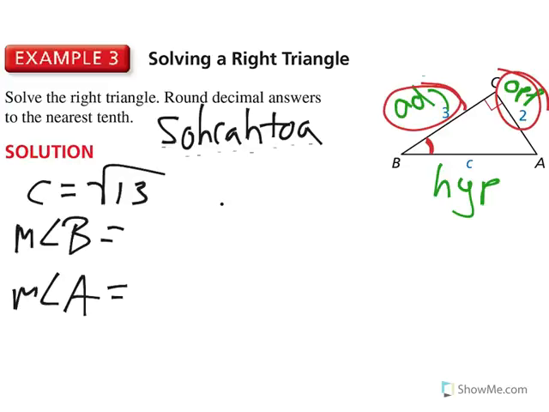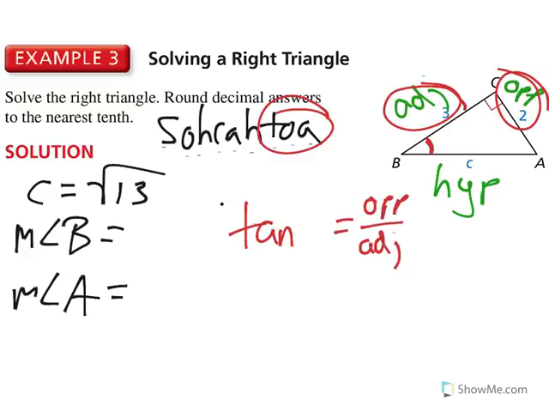If we want to use opposite and adjacent, the one that uses them is our tangent function. The tangent of an angle is always equal to the opposite over the adjacent. In this case, my angle is B, so I get tangent of B is equal to my opposite of 2 over my adjacent of 3.